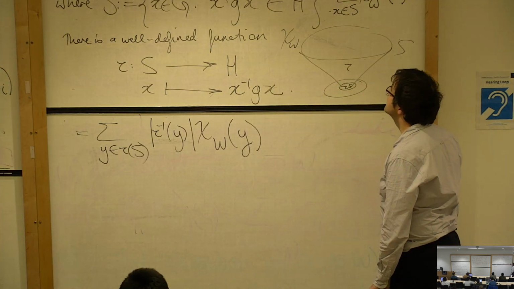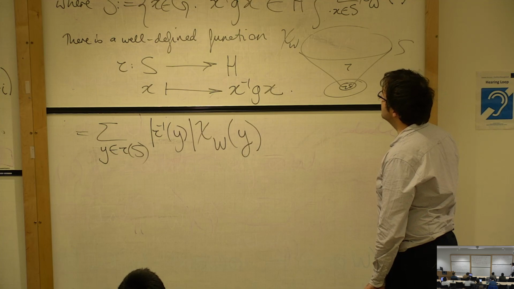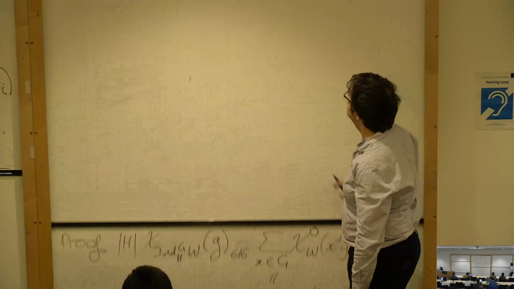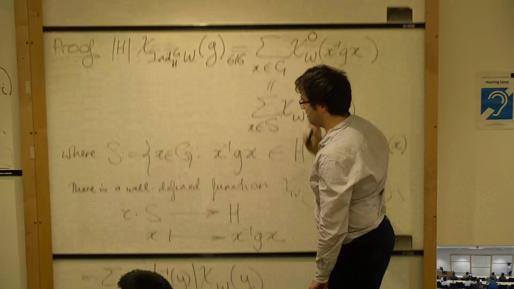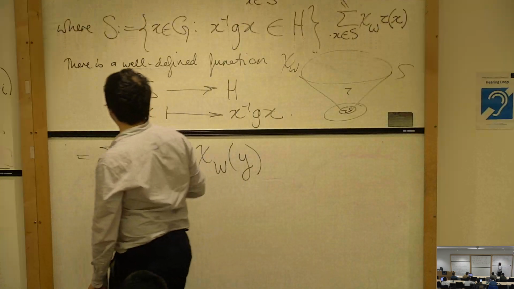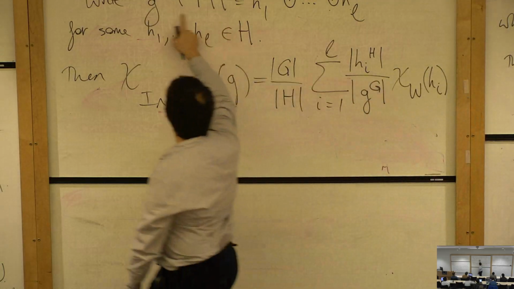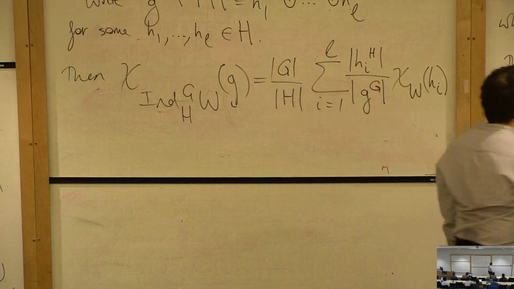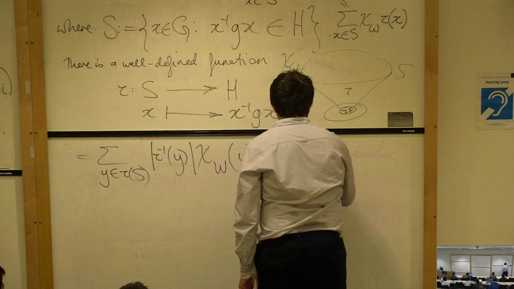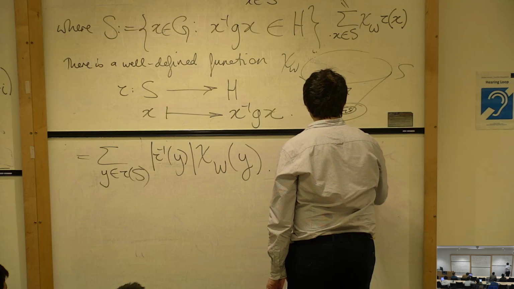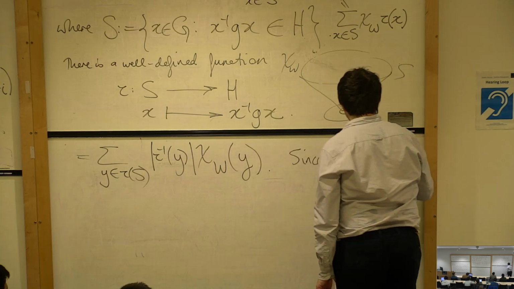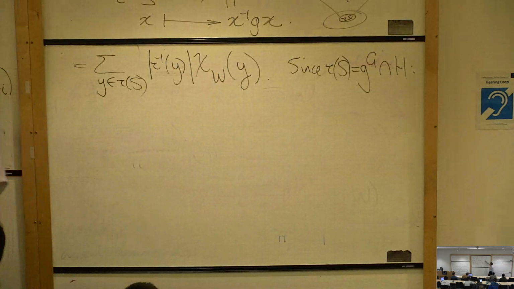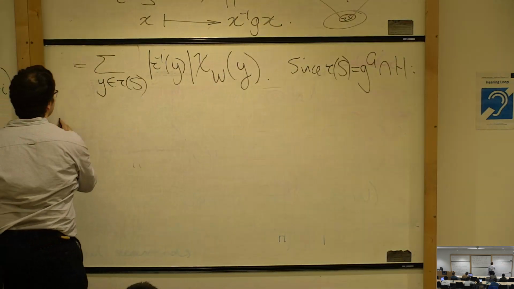Well, the image of S, I think, is obviously this intersection we started with. Right. This is the image of τ, isn't it? It's τ of S. And we'll have this notation. We can further split this up into bits.